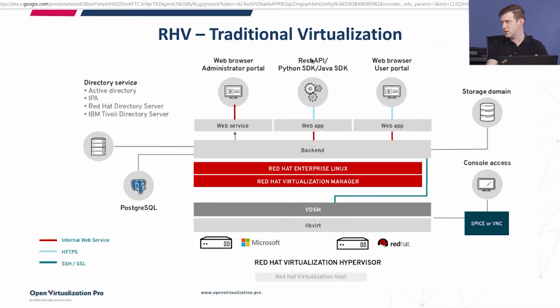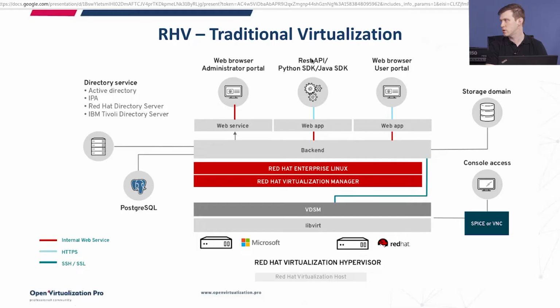We have presented this slide a few times, so you should be familiar with it. There is nothing mysterious behind that. There is KVM as our standard hypervisor. There is also our Red Hat Virtualization Manager, which is the single pane of glass for virtualization management and day-to-day administration tasks.